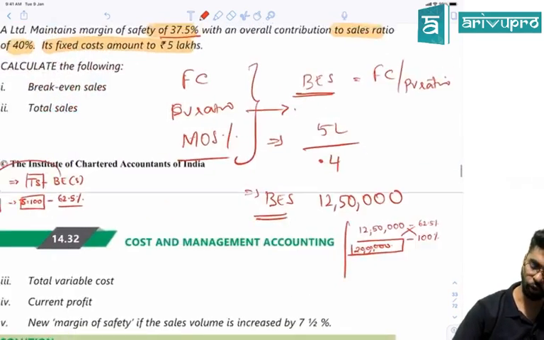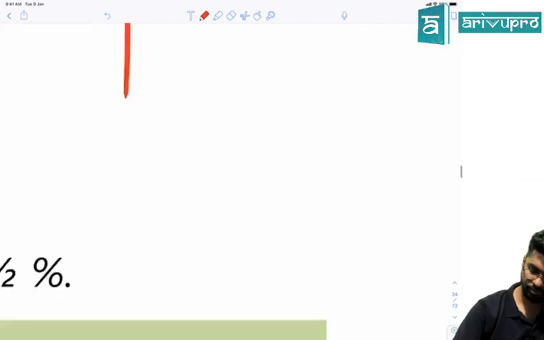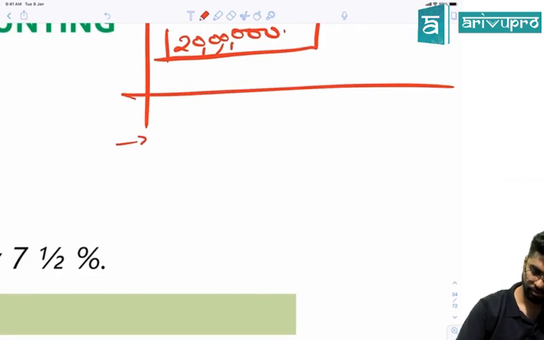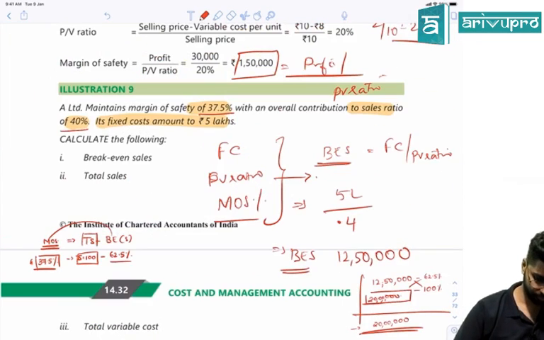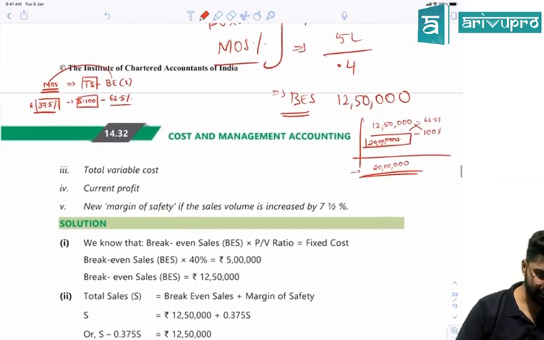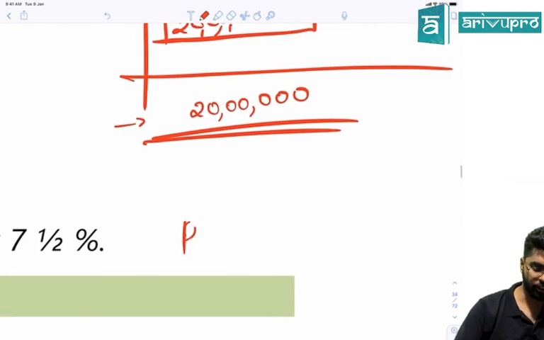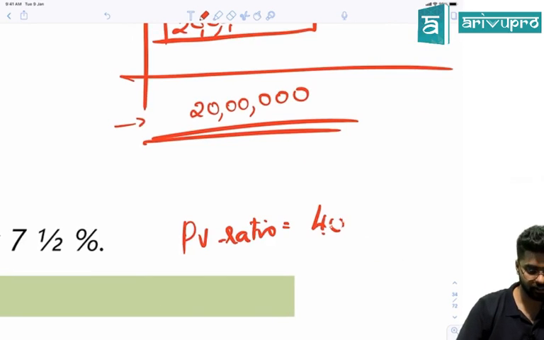Now, I know my total sales is 20 lakh. My PV ratio is 40%. If PV ratio is 40%, can I say variable cost is 60%?